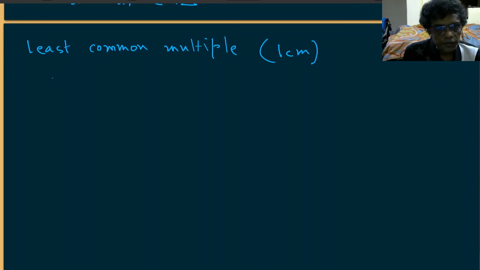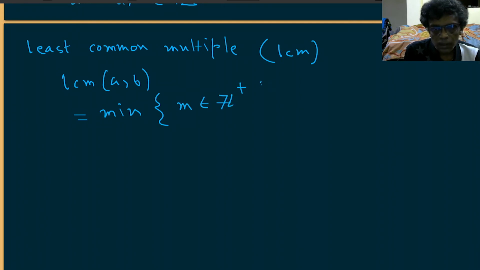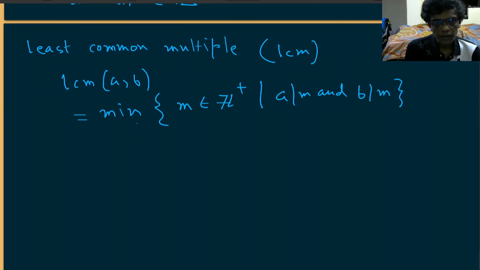The LCM of A and B is the minimum of all integers M in Z plus such that A divides M and B divides M. So M is a multiple of A and B, the smallest of these.